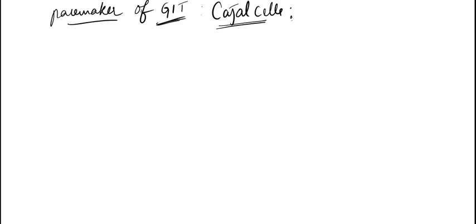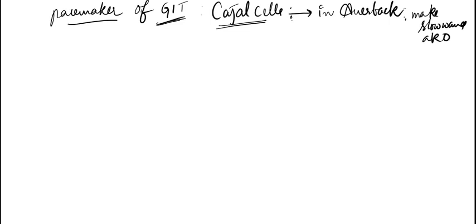Now Cajal cells are present where? They are present in Auerbach's plexus, also called the myenteric plexus. So these Cajal cells make slow waves, also known as BER.